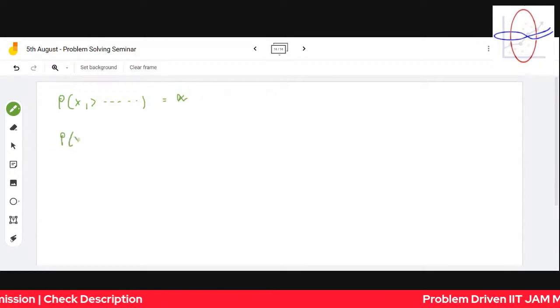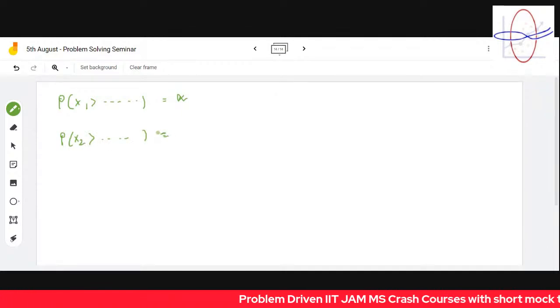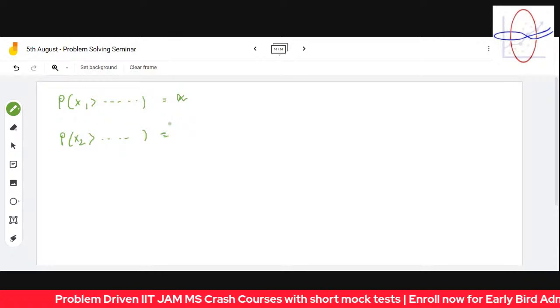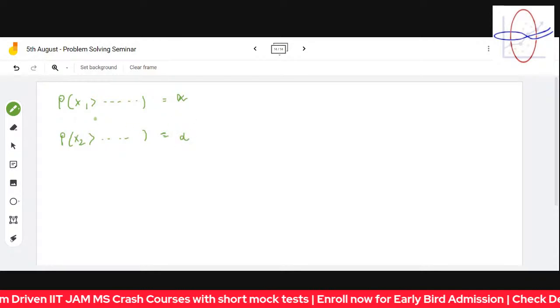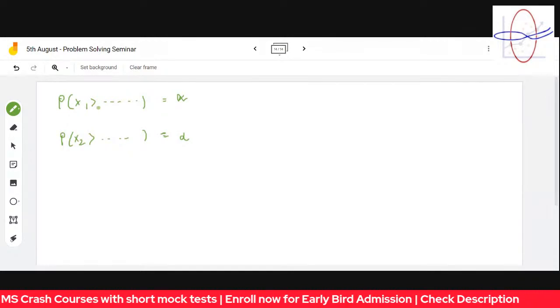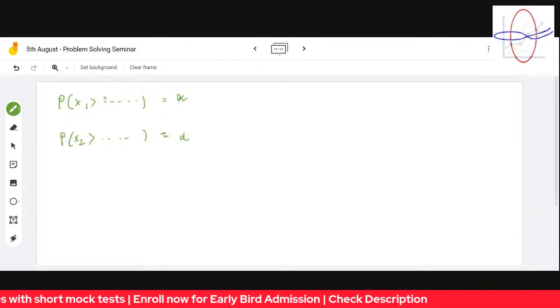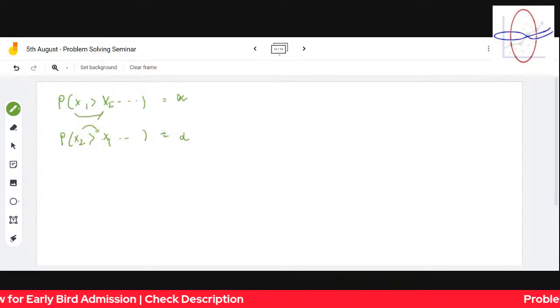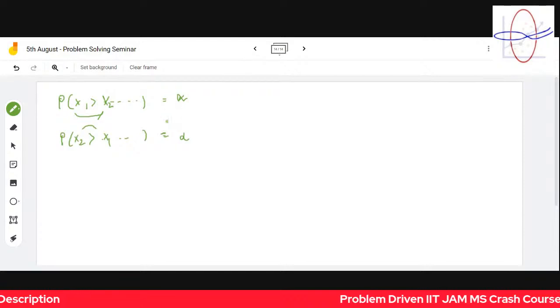Now let's take the probability that x2 is greater than everything else. Since x1 and x2 are IID, this must also be alpha. Since they are IID, these are interchangeable. This is the most important aspect. Did you see this aspect, guys?